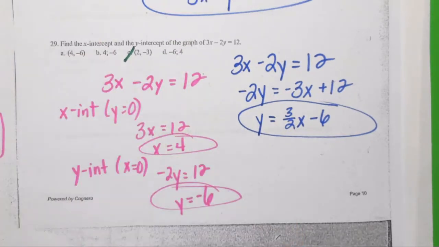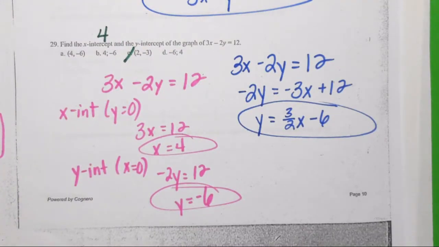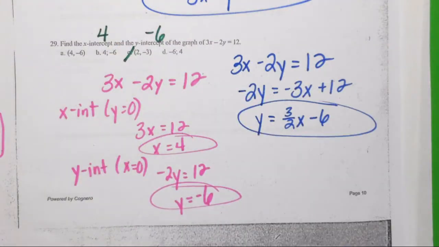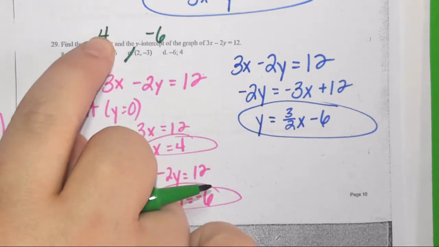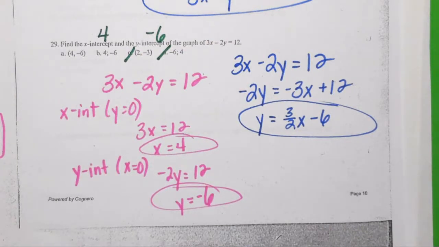It said specifically, and literally they're being this picky, they said the word x-intercept first. X-intercept was 4. The y-intercept was said second, so that's -6. So the order matters in the answer choices because it's telling you x-intercept 4, y-intercept -6. So it's not D, so it's either A or B.